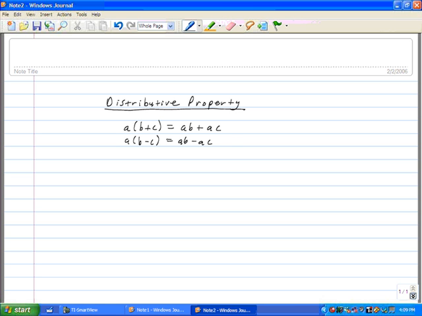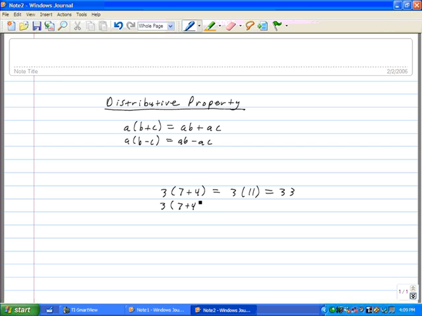This property is an exception to the order of operations. If I had 3 times the quantity 7 plus 4, order of operations says do the 7 plus 4 first, and that gives me 3 times 11, and do the multiplication afterwards, and that will give us our 33. The distributive property says, though, we can do this differently.